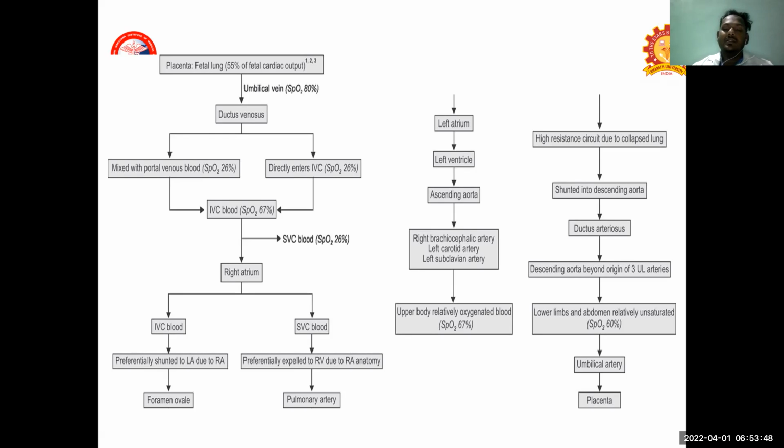Then it reaches the lower limb and abdomen relatively unsaturated. So the saturation will be 60% in the lower limbs, and from there it reaches the umbilical artery and enters into the placenta.